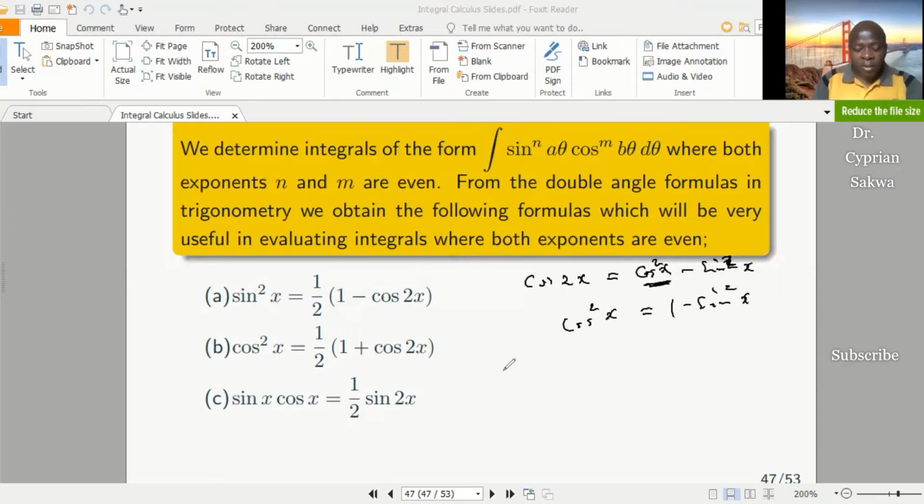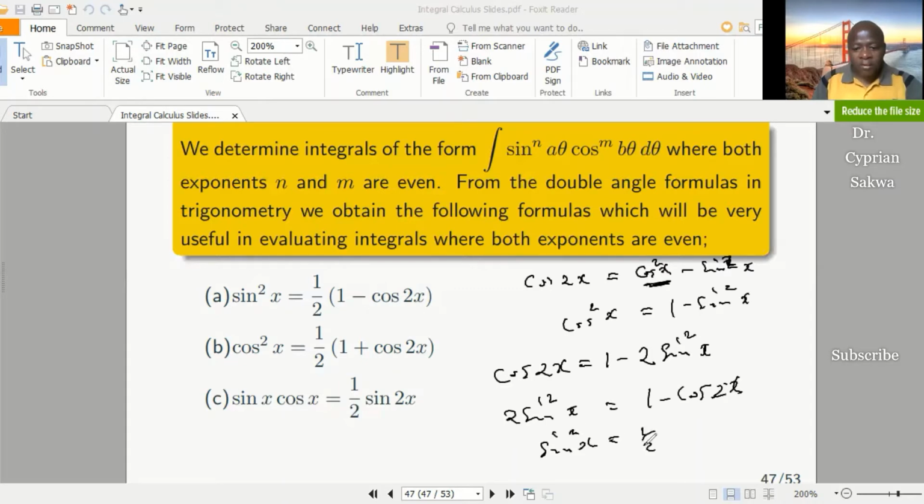So that means that cos of 2x will be the same as 1 minus 2 sine x squared. When you make sine x squared the subject, 2 sine x squared is the same as 1 minus cos of 2x, and that means therefore that sine x squared is the same as half of 1 minus cos of 2x.